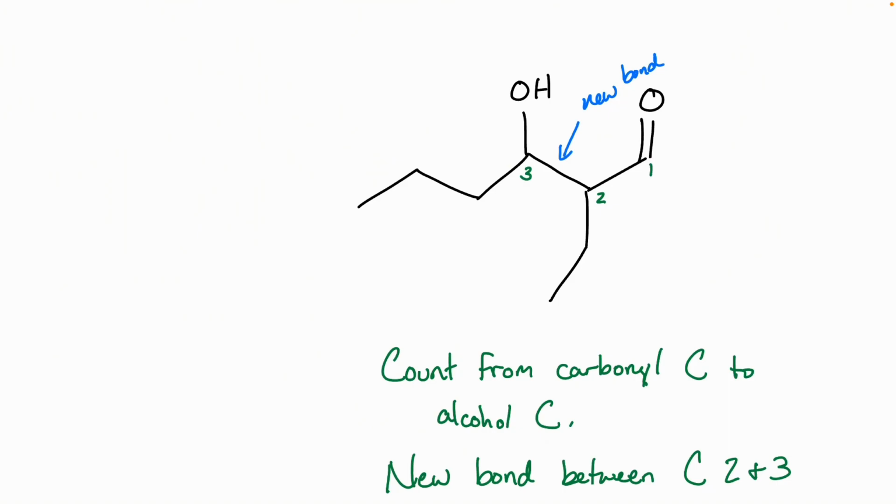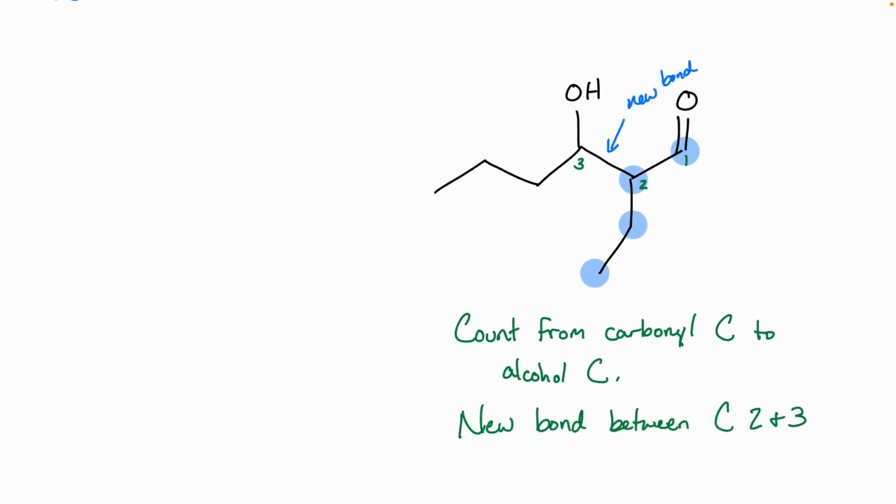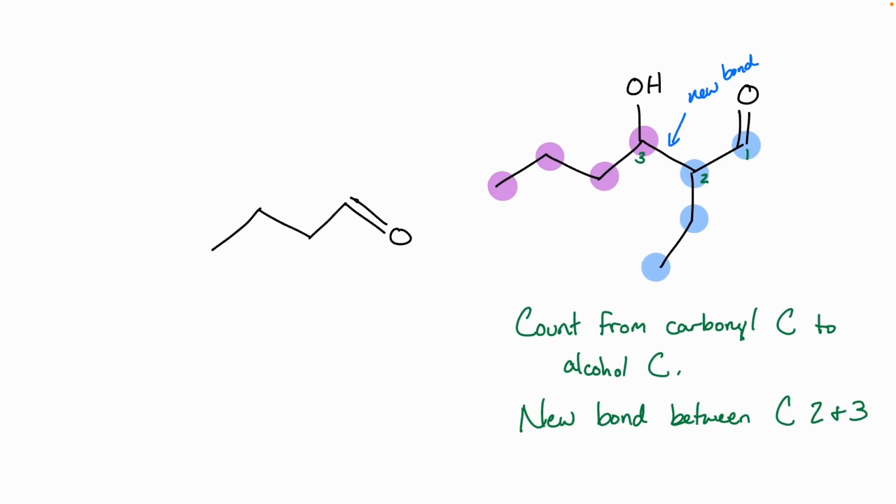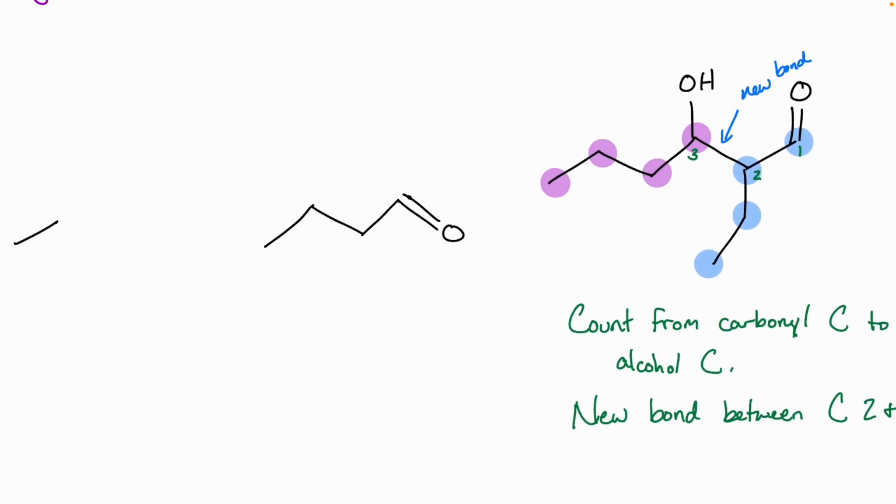Okay, so that means this set of 4 carbons here is one chunk. The other set, 1, 2, 3, 4, are my other aldehyde in this case.